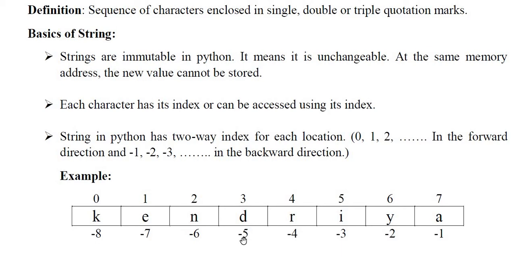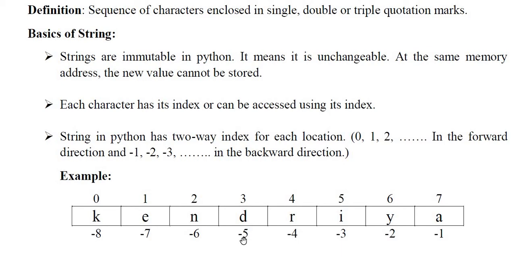Listen to this thing very carefully, because when you slice the string, this index will work very well. So you have to remember the index. If you start from the first point, the index will go 0, 1 and so on. And if you are in the backward direction, then it will start from -1, -2 and so on.